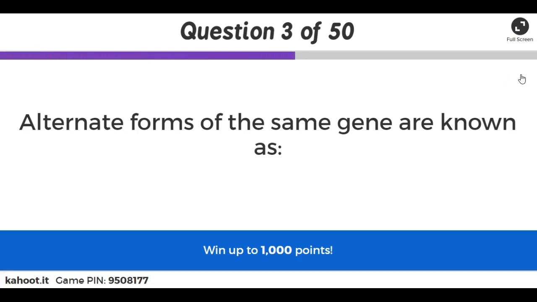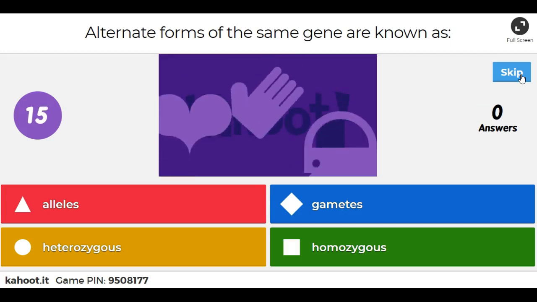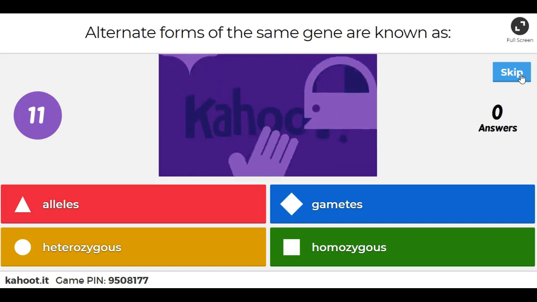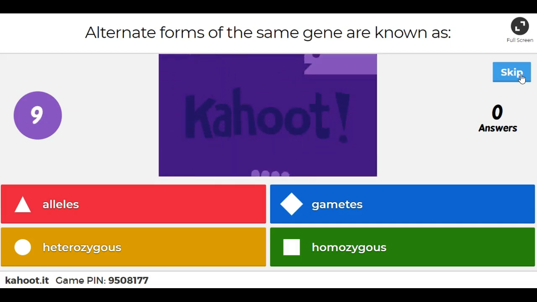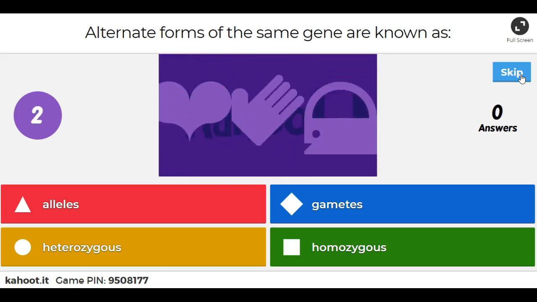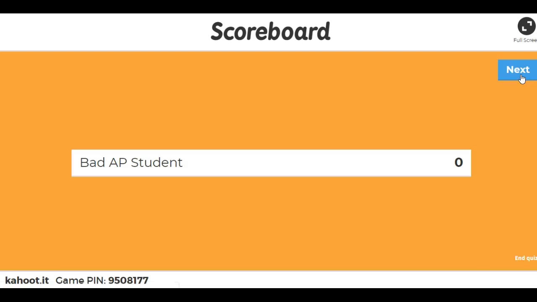Alternate forms of the same gene are known as alleles.